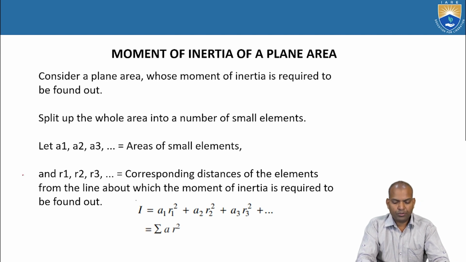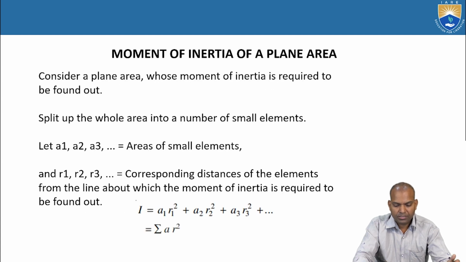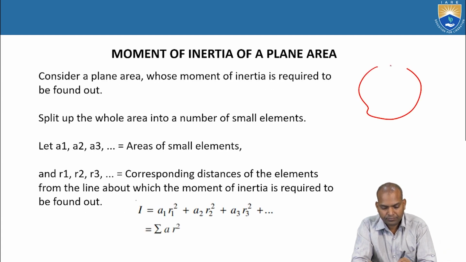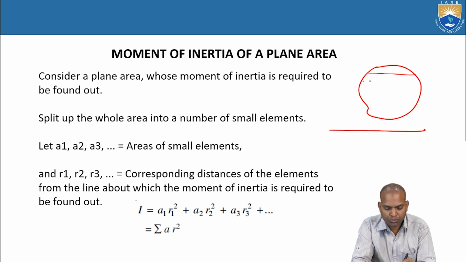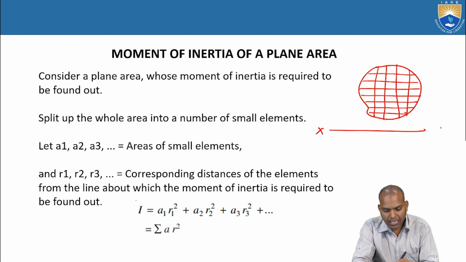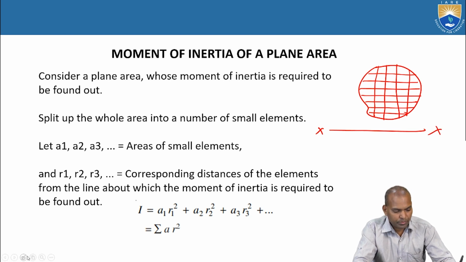Now, what is the meaning here? Suppose we consider a plane and we divide this plane into small elements. This is the axis about which the moment of inertia is going to be calculated.